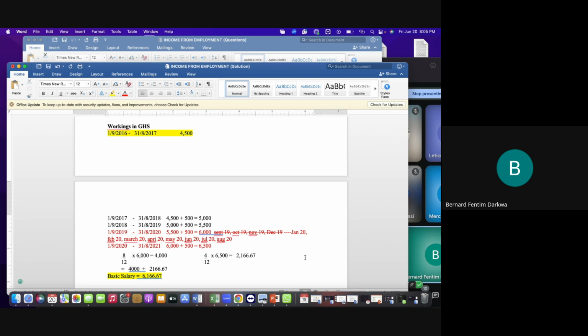The 6,000 is for 12 months, but 4 of the months are for 2019 and 8 are for 2020. So we share it, 8 out of 12 times 6,000, and that's where we get the 4,000. So you limit it to the 2020 year exclusively.